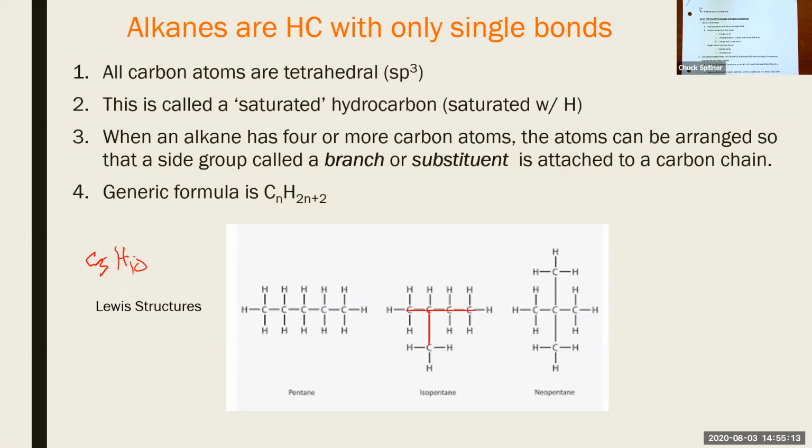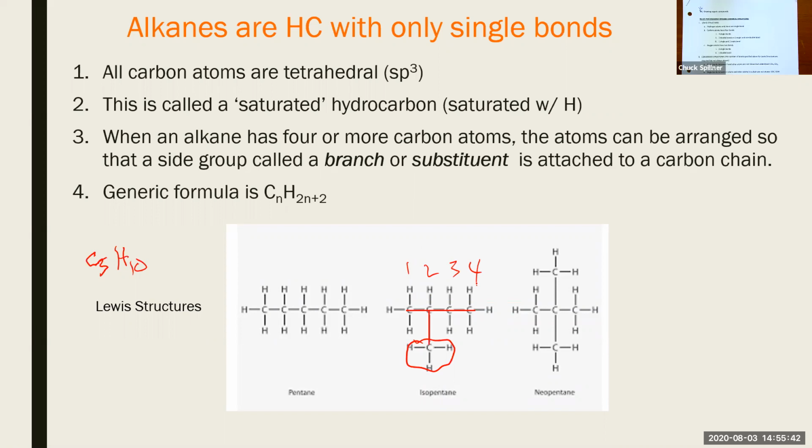The second way is with a branch, in this case a 1 carbon branch. We've got a straight chain of 4 carbons, 1, 2, 3, 4, and there's a 1 carbon branch off of it. But the molecular formula is still C5H10.